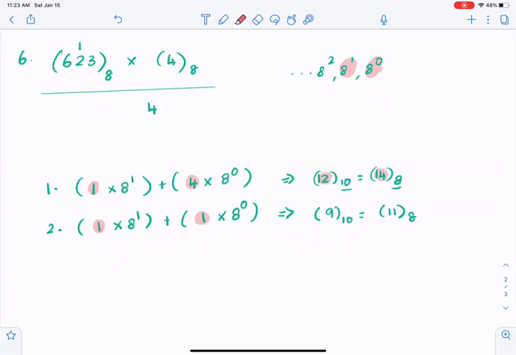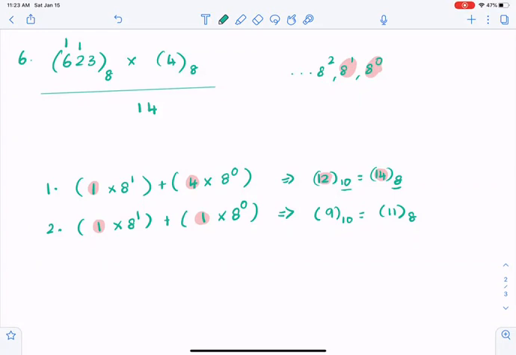Now, this will get a bit tricky once you get to the higher values, but for simple ones, you can easily remember it this way. So 9 corresponds to 11 in base 8. 6 times 4 is 24, 24 plus 1 is 25.